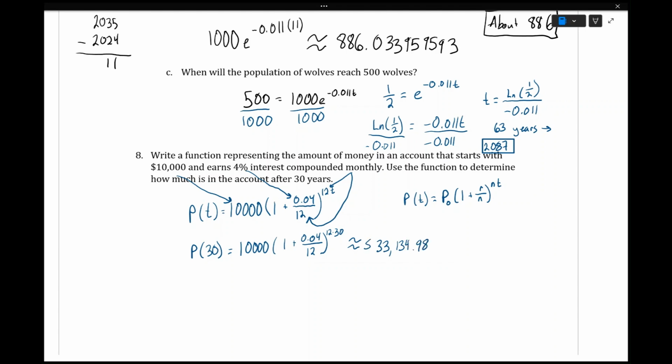Now, notice in 30 years this amount tripled. This is why when people talk to you about planning to retirement is to save early, because this is how compound interest helps you. And if you're saving in the right type of account, a 4% interest rate is actually kind of low. And so it's easy to save up a lot of money over a long time if you start early.